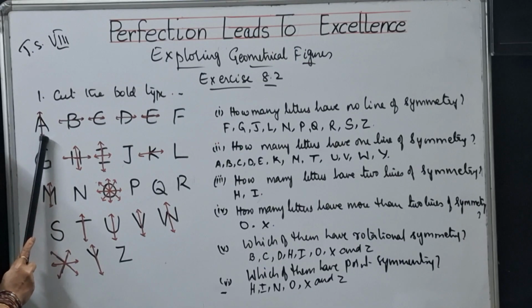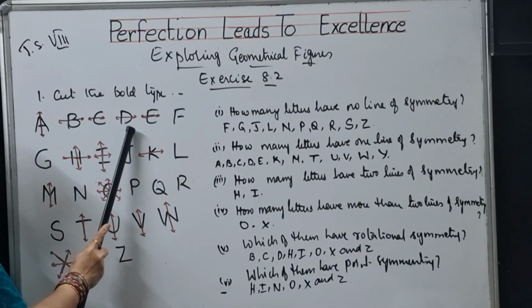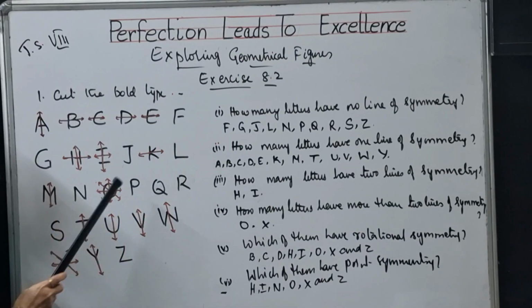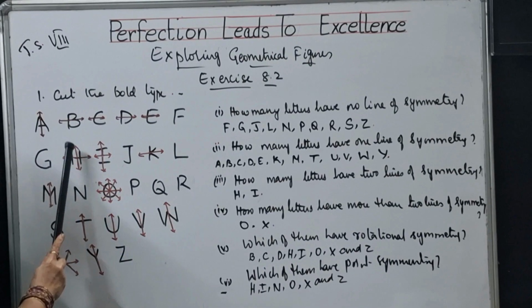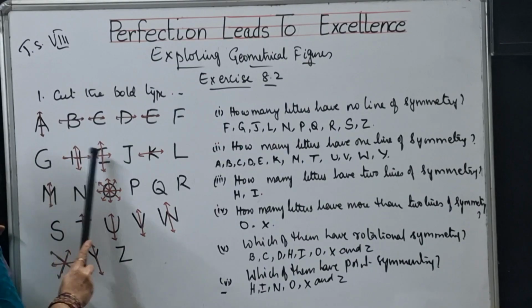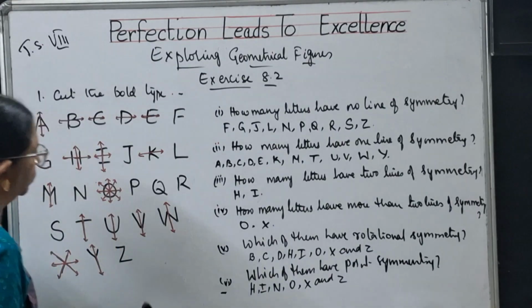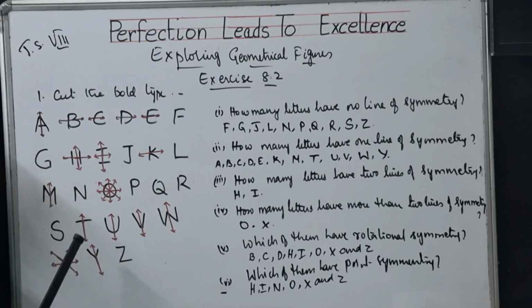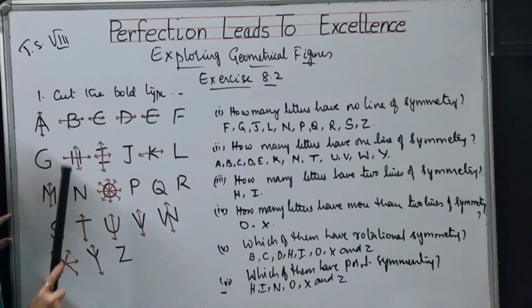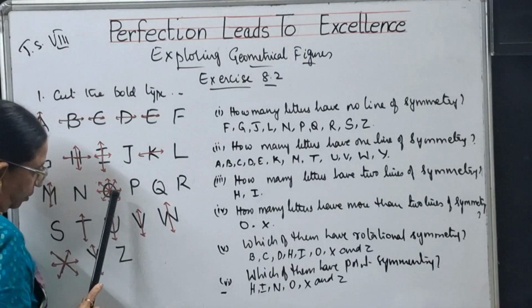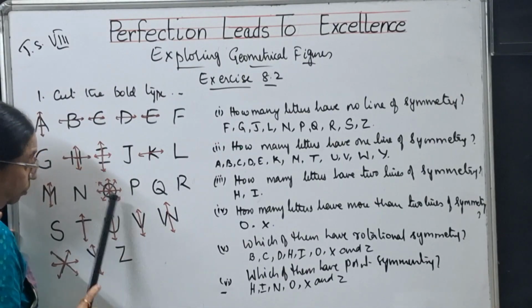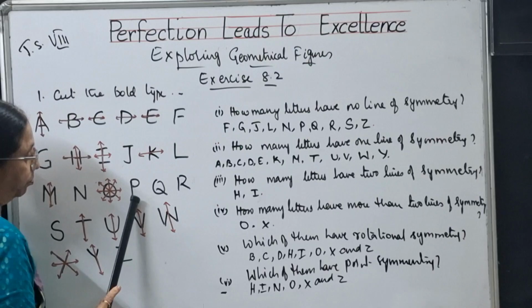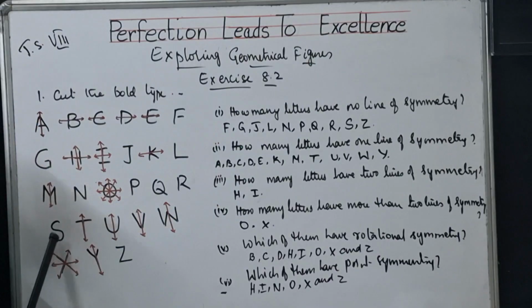The lines of symmetry for A, for B, C, D, E, F you cannot do, G you cannot do, for H you have to, for I also you have to, J you don't get any lines of symmetry, K you have one, L also no lines of symmetry, M one, N also no lines of symmetry, O has got more number of lines of symmetry, P, Q, R, N, S, there are no lines of symmetry.